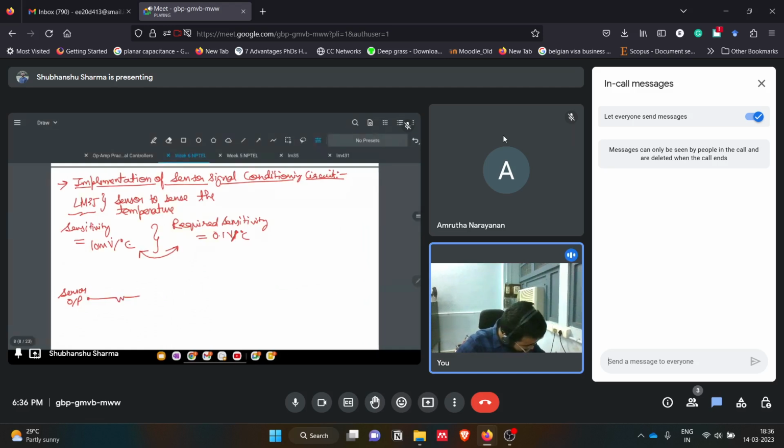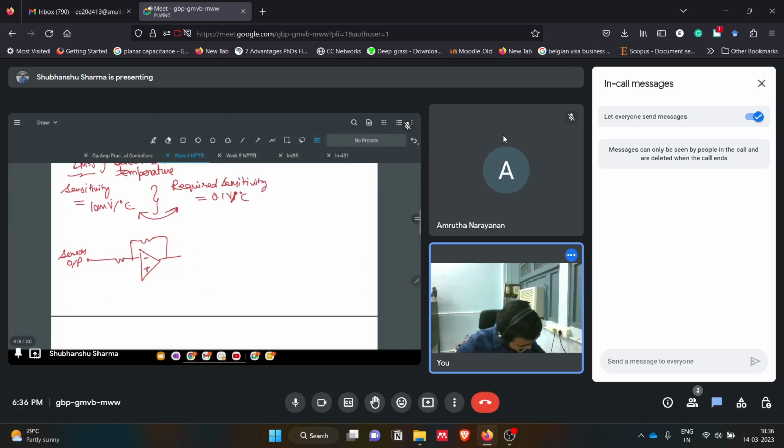Then we will realize one inverting amplifier. In order to reduce the effect of bias current, we are using these two resistors, R3 and R4. This is 10K, this is 100K. The parallel combination of these will remove the bias effect from this op amp.